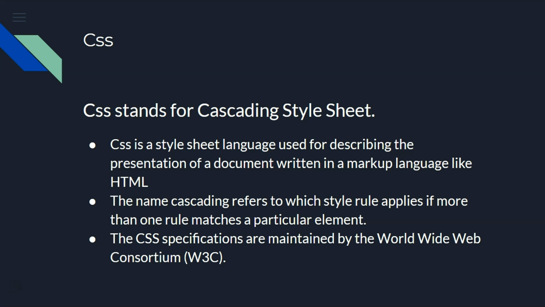So in the cascading version, the way it works is that the green one, the one at the bottom, is going to override the one at the top because it cascades down. So that's what the cascading refers to. And those things will become more clear as we get involved in CSS.